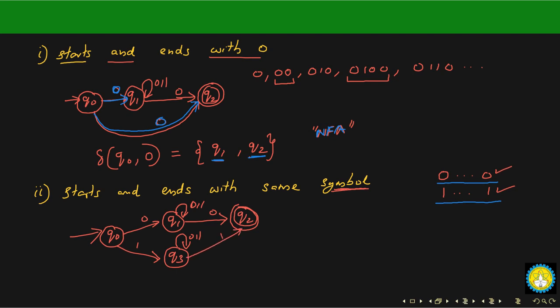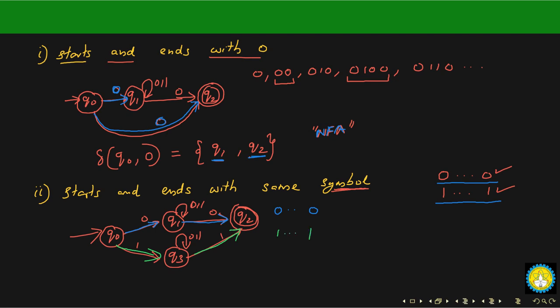We can see that there are two paths. This path will accept all the strings starting with 0 and ending with 0. And similarly, we have another path here in this way, that is, this path will accept all the strings that start with 1 and end with 1.